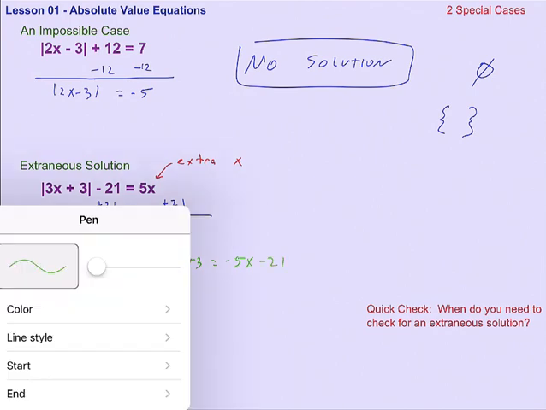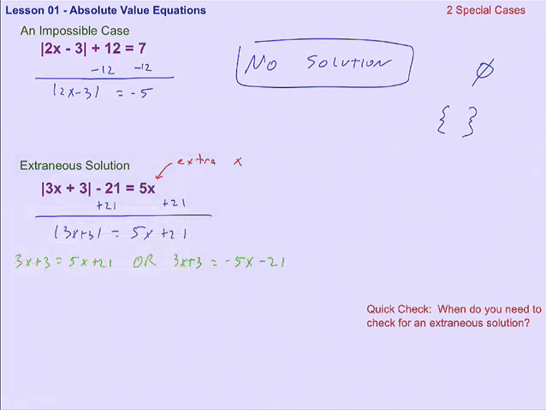I want you to notice that what happened here, and if you want to write it out this way first, that's fine, is I took the opposite of 5x plus 21. And that's where that negative 5x minus 21 came from.